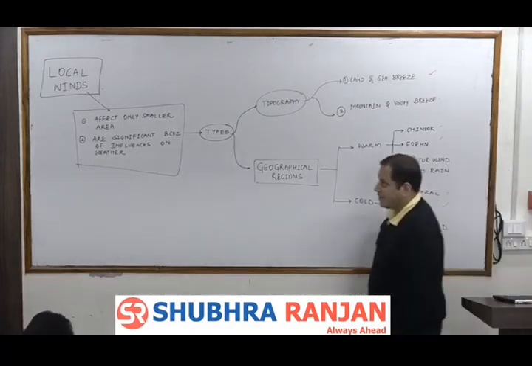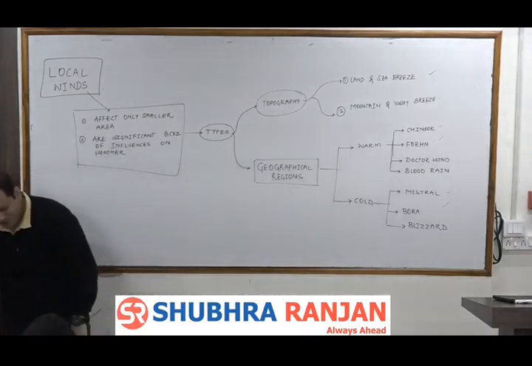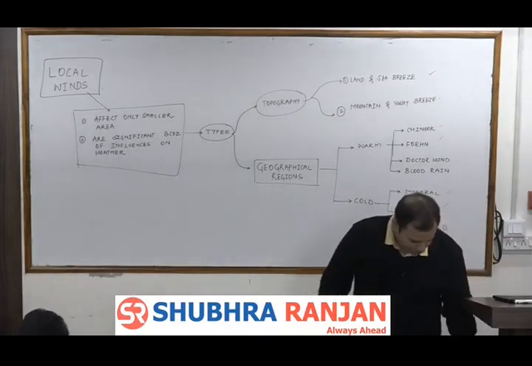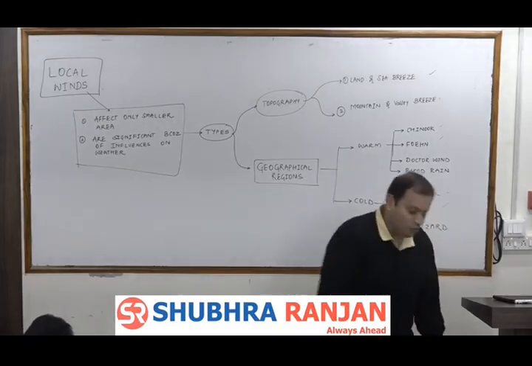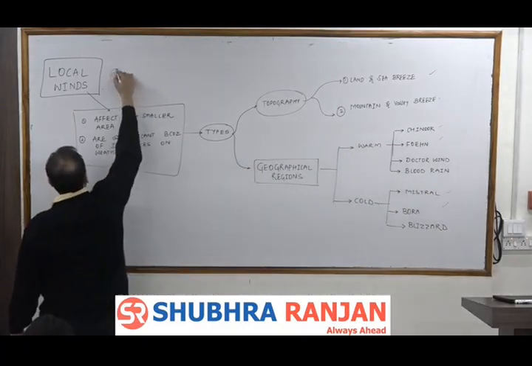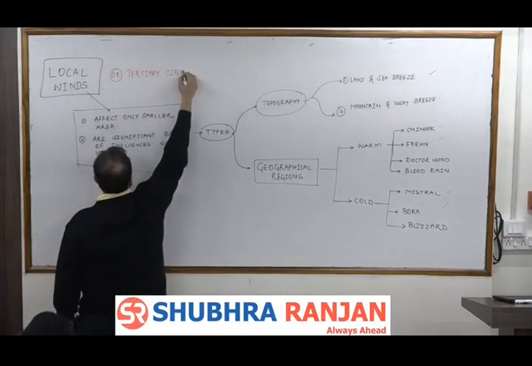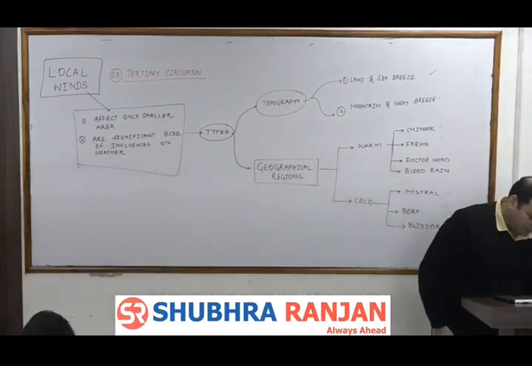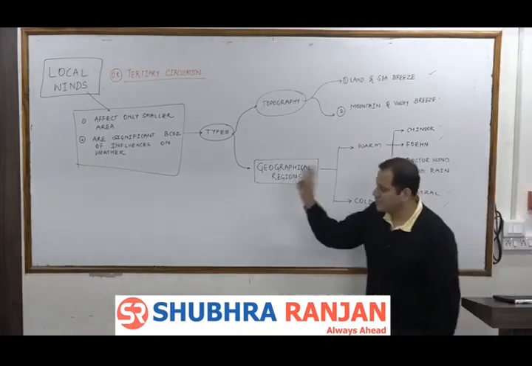The winds which affect only the small surface area of the globe are known as local winds or tertiary circulation. Understanding tertiary, primary, secondary, tertiary circulation, smaller area.